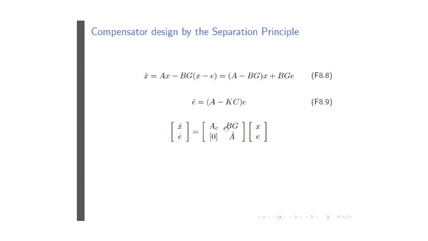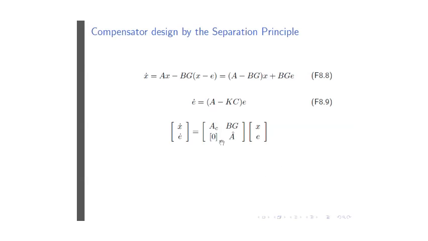Then there's an off-diagonal submatrix, which is BG, and the other off-diagonal submatrix is a zero matrix, a k by k zero matrix. These 4 submatrices are for the case of a full state observer. The 4 submatrices in this bigger matrix are all of the same size.